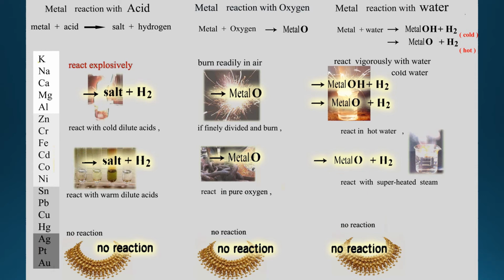So in this list from active metal to unreactive metal, plus these three types of reaction, they nicely summarize a few hundred different experiments into a simple table form to give you the trend of reaction.